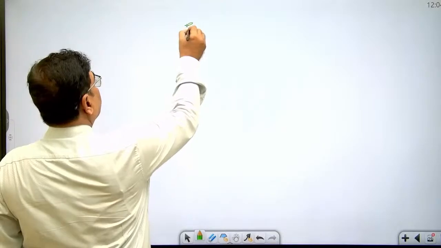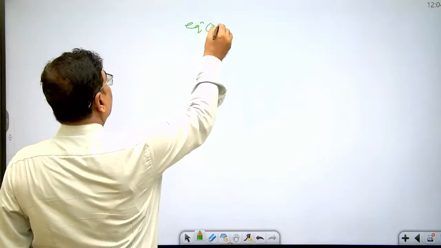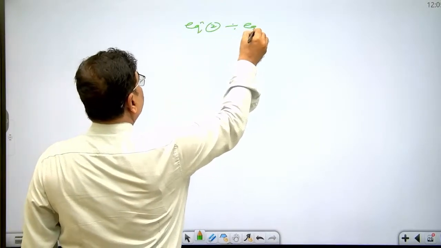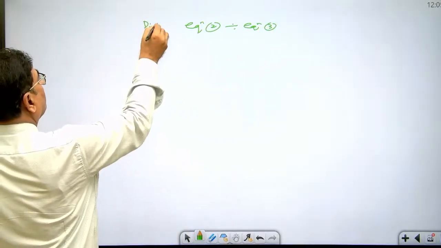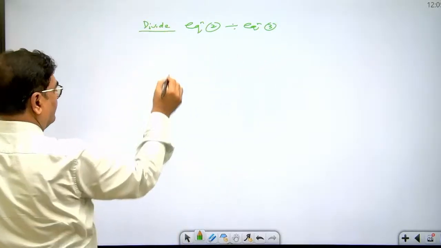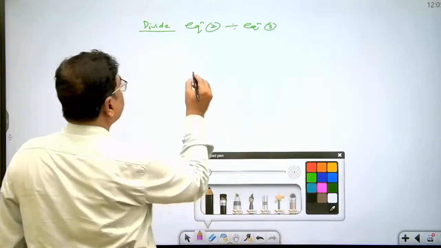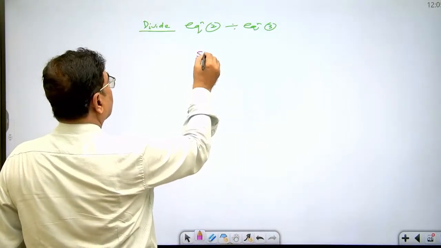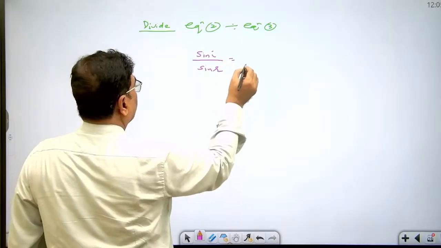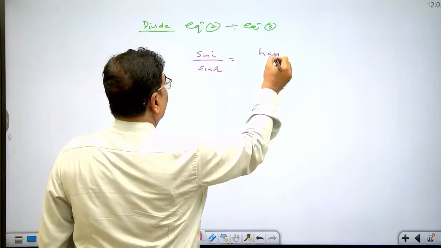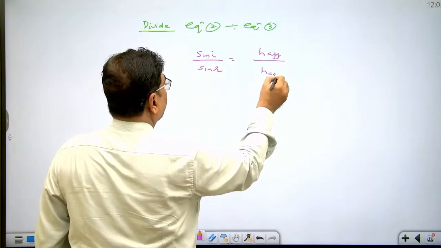Divide equation 2 and equation 3. We get sin I upon sin R equal to H apparent upon H actual.